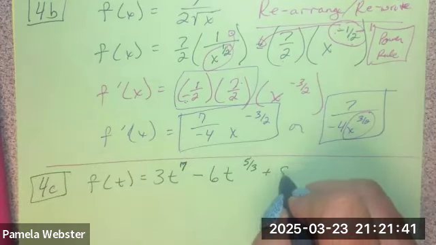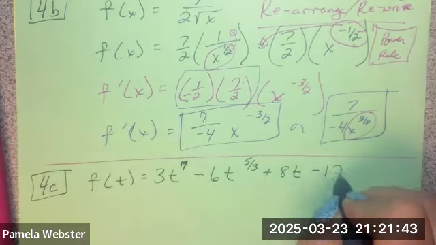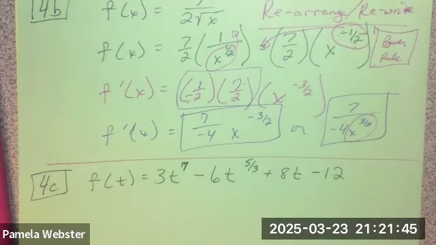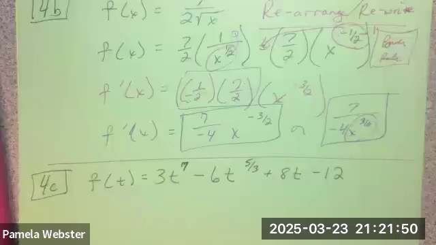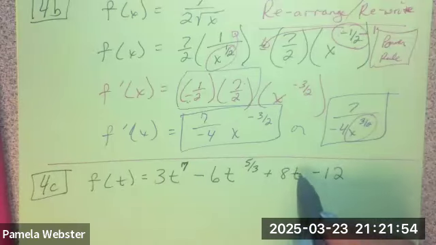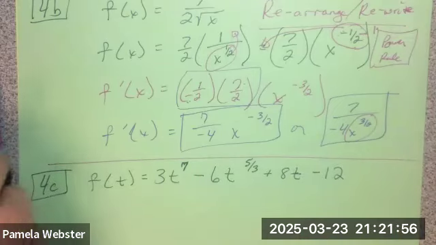Sorry about that. 8t minus 12. There's not going to be anything crazy where I mix variables. Okay. That's not what we're doing here. Maybe on the optimization problem, but these guys are not. So that's what I'm looking at. They are all t's. I'm sorry.